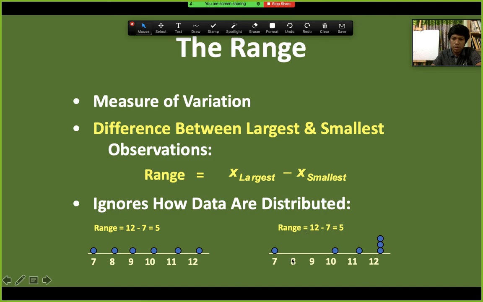In another arrangement, minimum is 7, maximum is 12, and again the range is 5. Maximum minus minimum, regardless of how data are arranged. We will ignore the data distribution, and just take the maximum and minimum. That will be the range of the data.